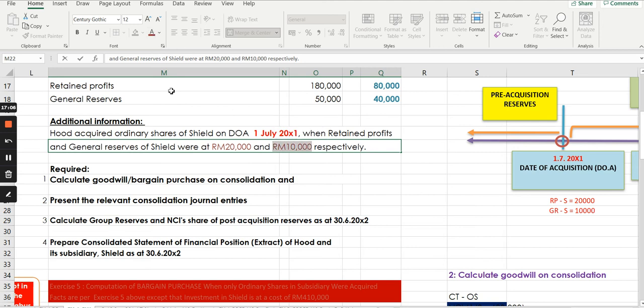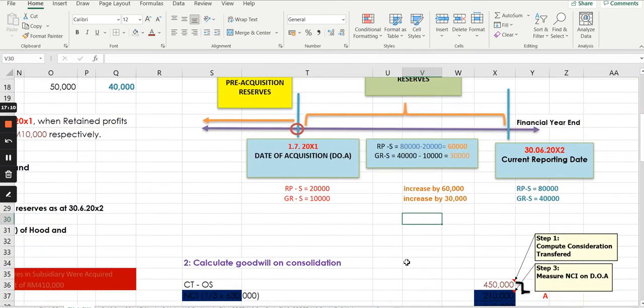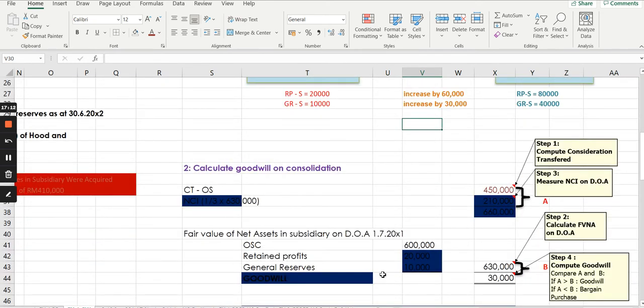So you're going to take that and put it here in the fair value of net asset. You will put it here, right? And you get the total now, which is 630. The total is 630.